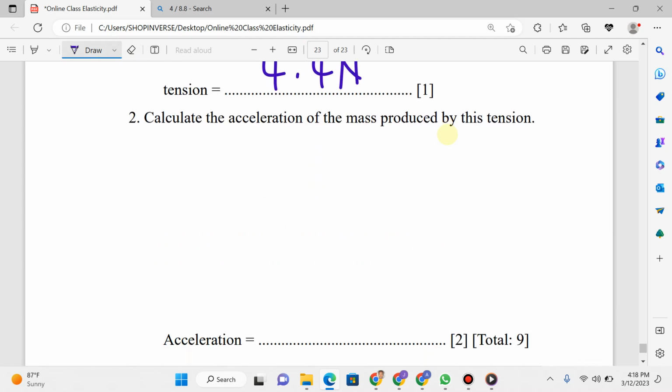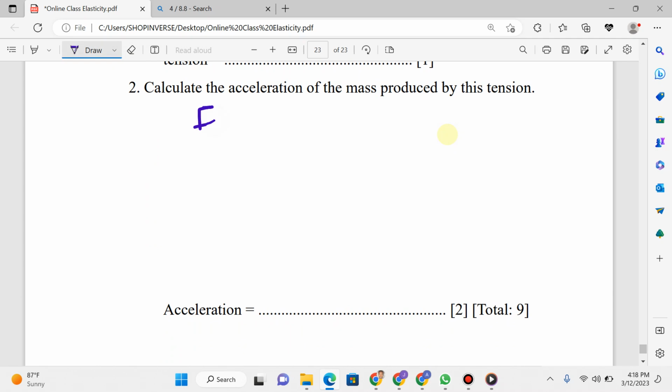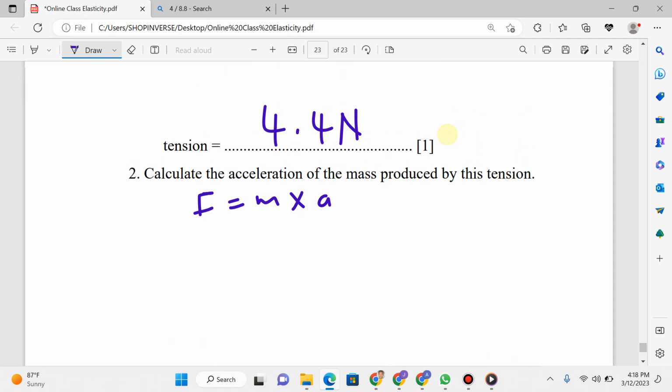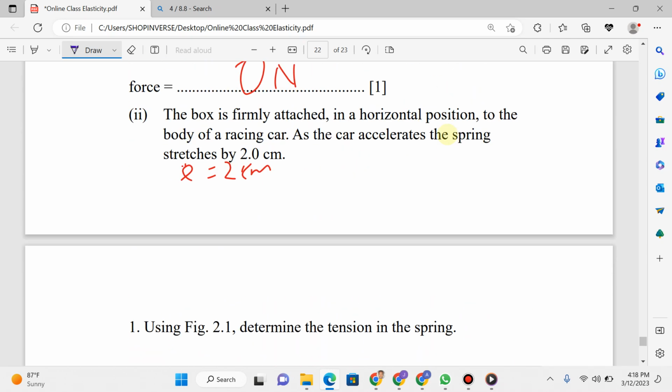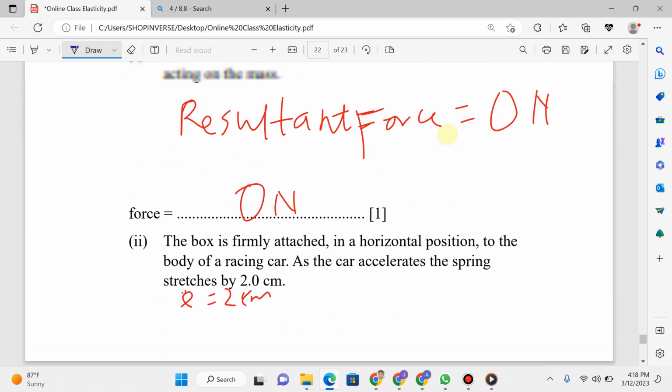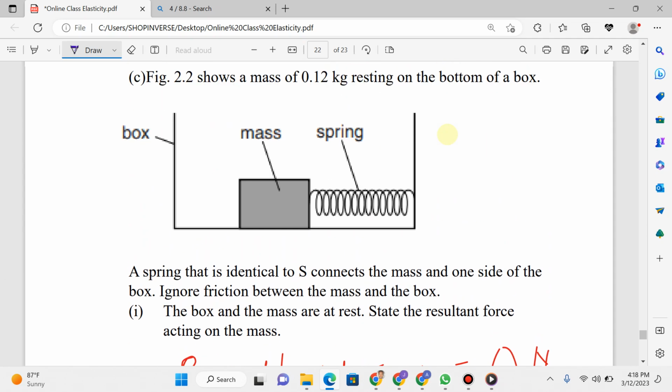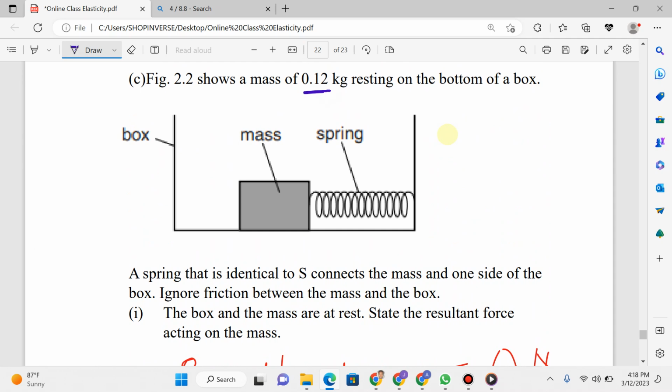Now the question says calculate the acceleration. Force is equal to mass multiplied by acceleration, right? You know the force is 4.4 Newton. What's the mass of this object? The mass is 0.12 kilogram.